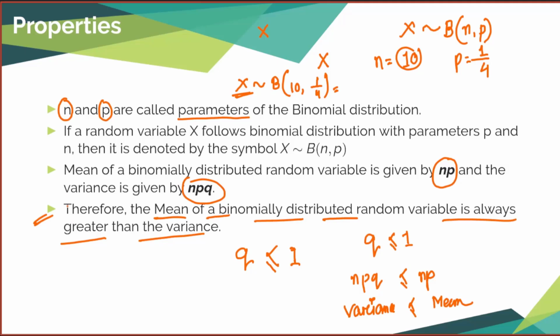So this is a way to test whether we can expect this data set to follow binomial distribution or not, right? So these are the properties.